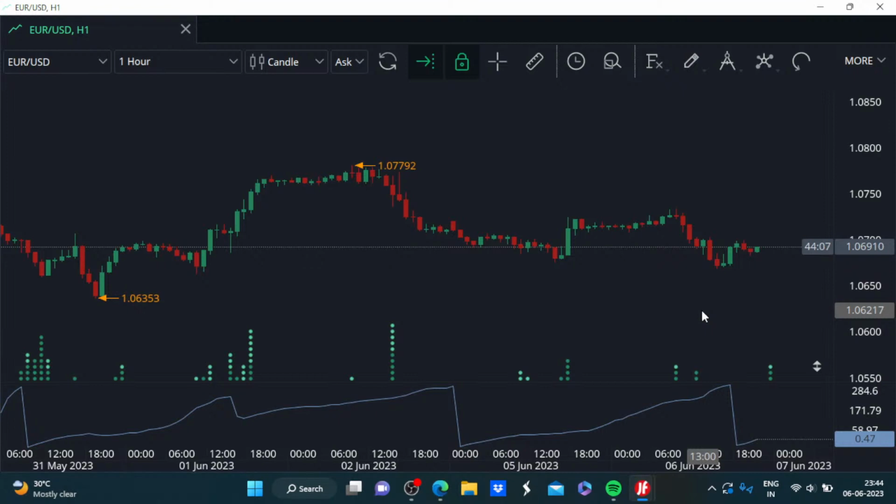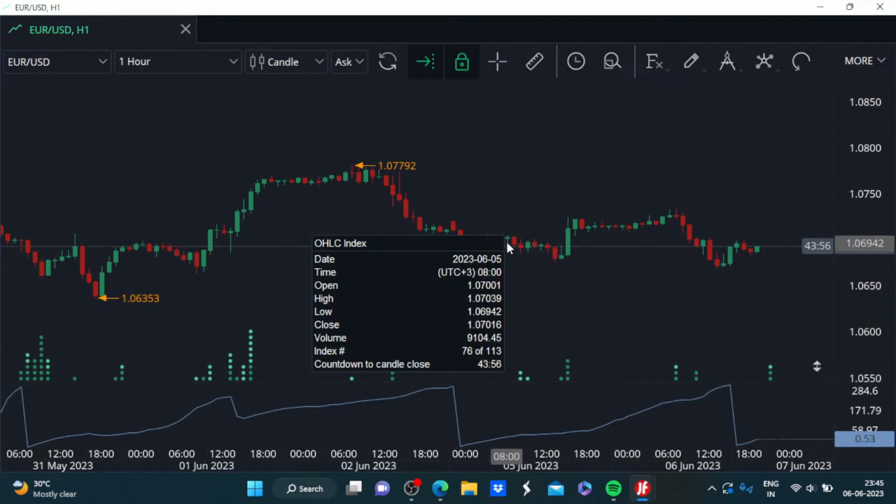And we have to use this output value, the HT DC phase output parameter, in conjunction with the price action data.